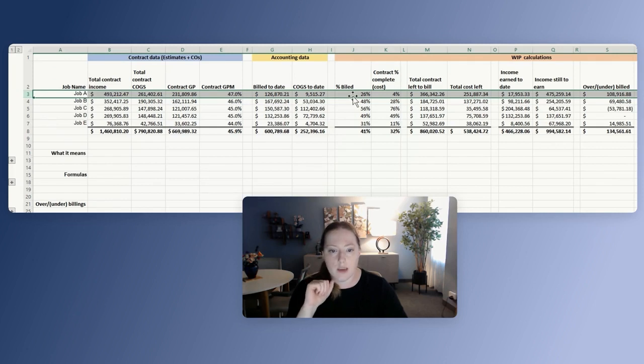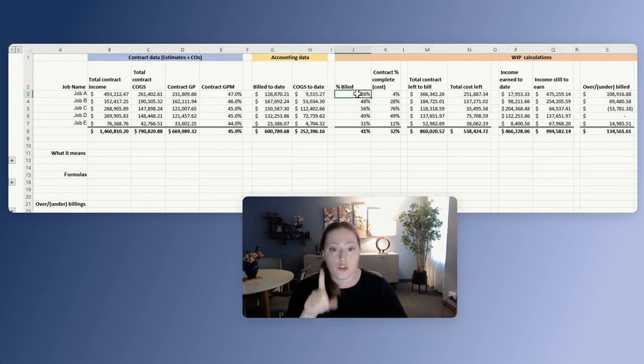For job A, you will see that I have billed 26% of that particular job already. So we have $493,000 that we need to get. We have already billed 126. That is 26% of the 493.